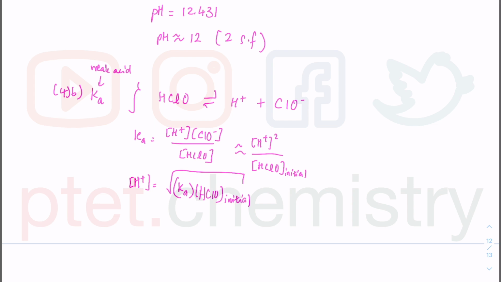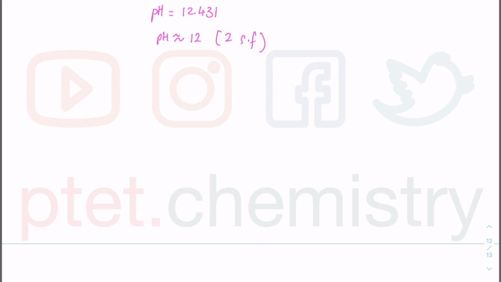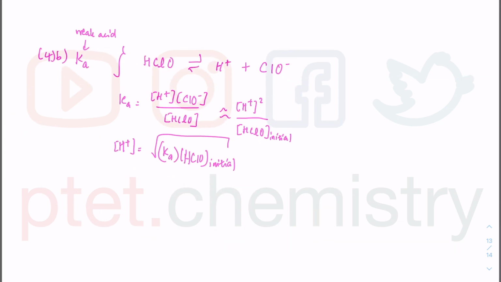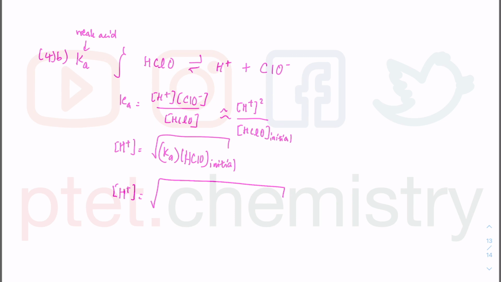So if you sub all that into your calculator, I think I'll just move this down to a new page so that I'll not be running out of space. Okay, so I have all the space I need here. It's really up to you if you want to rearrange it like that, or you can just put in your equation straight away. But I always find it easier if I see what I am doing, then it's less likely that I will make a mistake. So you want to do the inside first before you actually square root the whole thing.